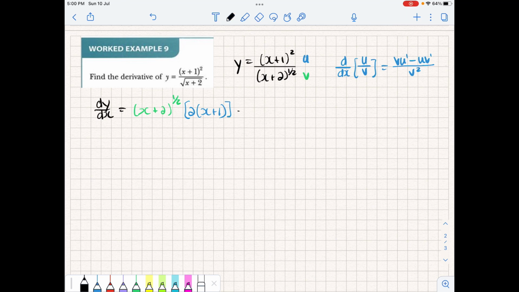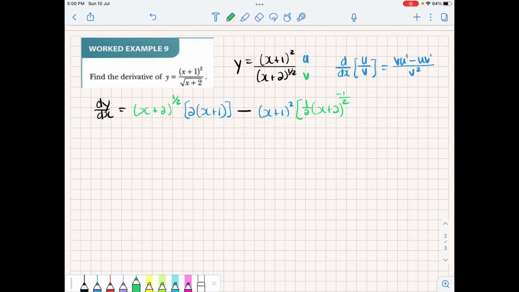Now I'm going to subtract, and I'm going to take u this time and multiply that by the derivative of v. v again is a composite function, a function in a function, so I need to use the chain rule. I multiply by the power, and then reduce the power by 1, so I'm going to get minus a half.